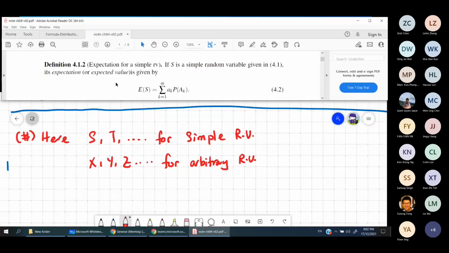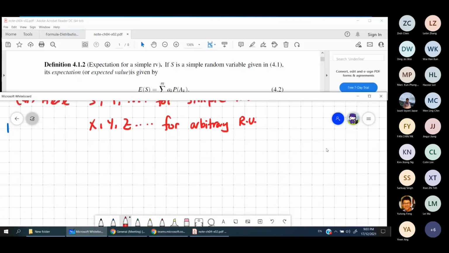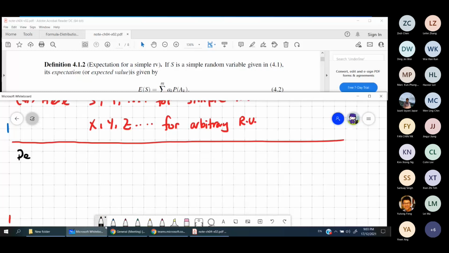So in this case, then we can construct. Okay, maybe I shall put it over here. For a simple random variable, S is equal to the summation.